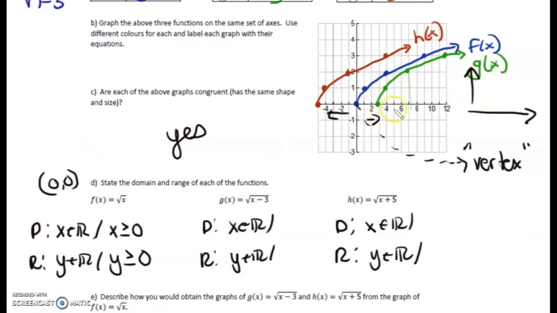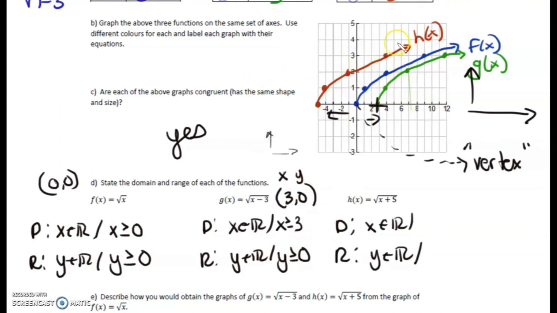For the second one, our fake vertex is at 3, 0. So just remember, this is the x and this is the y. So x is going to be greater than or equal to 3. Y is going to be greater than or equal to 0. Again, we go to the right forever and we go up forever.